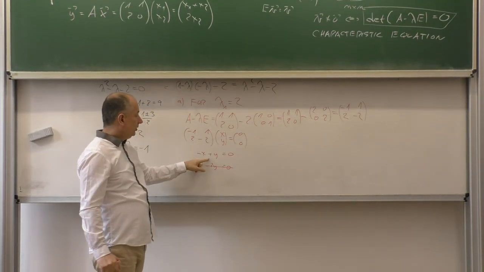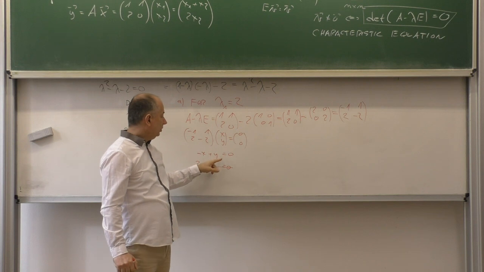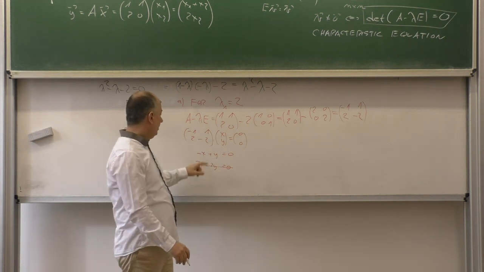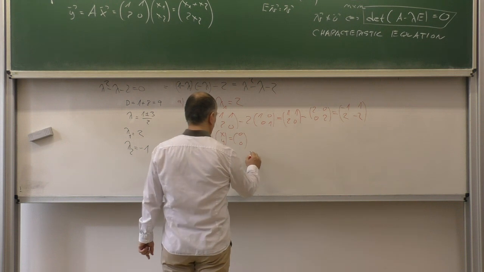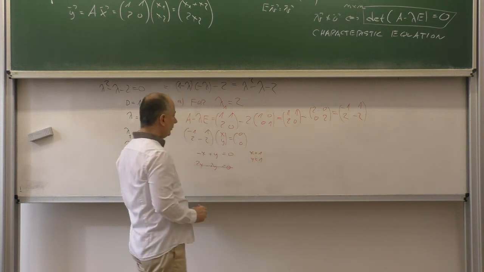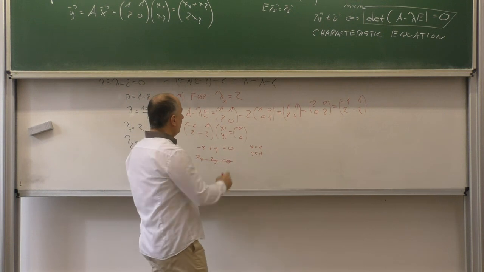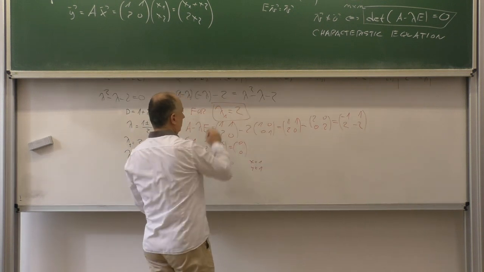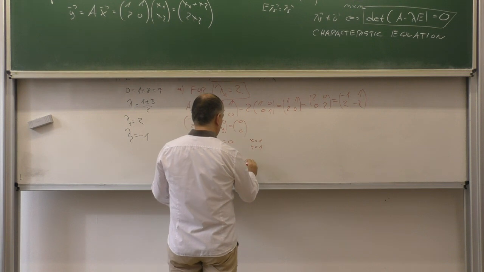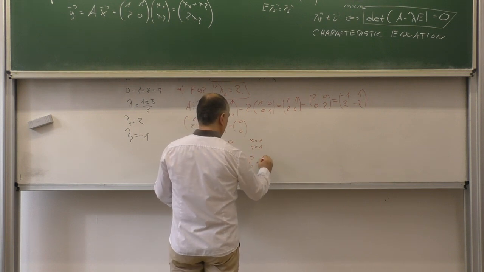And we are perfectly happy with just one non-zero solution. So we can take, say, x is 1, and then y is also 1. So corresponding to the first eigenvalue, lambda 1 is 2, we can write the first eigenvector, let's call it v1 with arrow, being 1, 1.